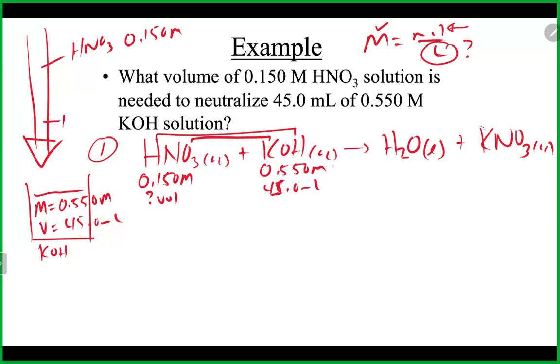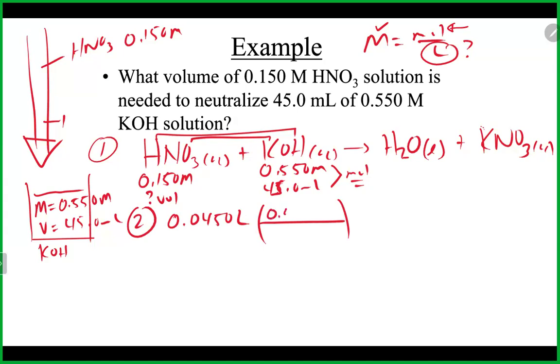At this point, we can then convert to moles using the only information that will allow us to do that, which is the KOH. So step number 2, we're going to take our volume of KOH, which is 45 milliliters. Once again, we do need to divide it by 1,000 to convert it into liters. We're going to use our molarity where we can see both units.